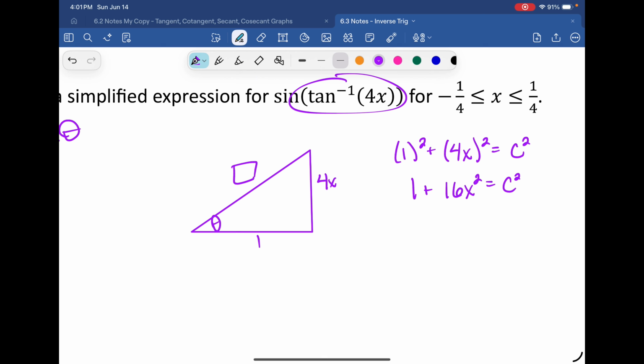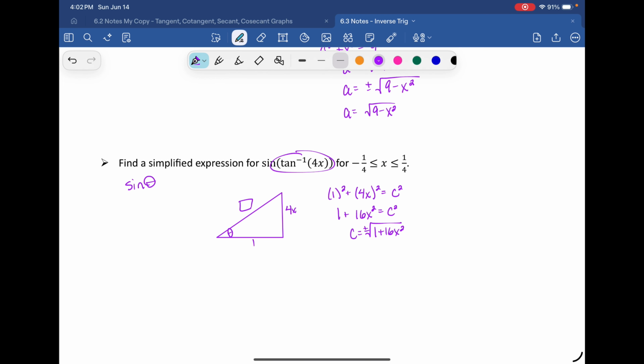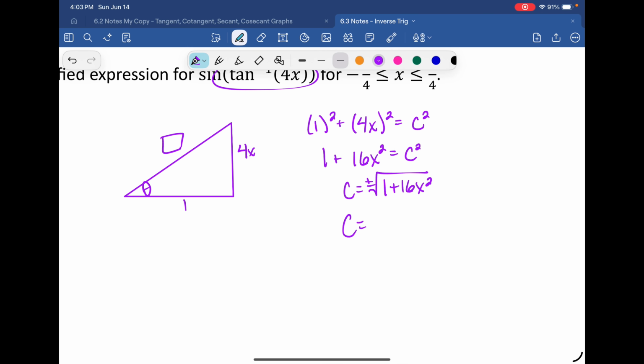All right, so c would be the square root of 1 plus 16x squared, plus or minus. Okay, so the hypotenuse is always positive. So this is going to be the positive square root of 1 plus 16x squared.